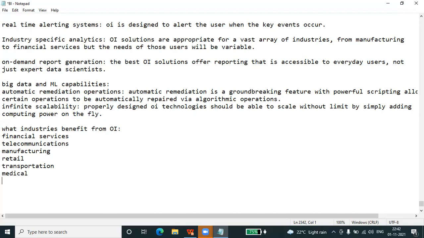Then factory uptime is critical in any manufacturing environment. By monitoring machine sensors and the data generated on the factory floor, operational intelligence allows a manufacturing facility to be supervised through every stage of a product's creation and delivery.